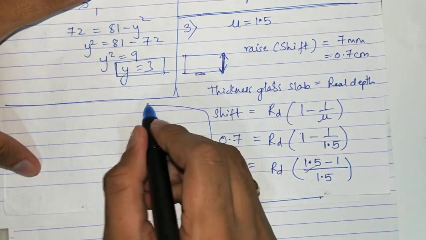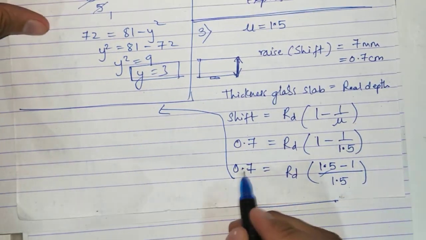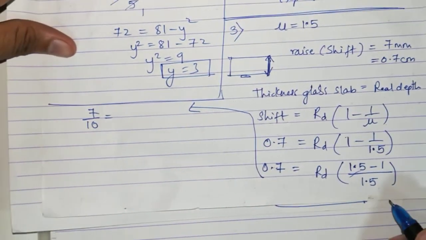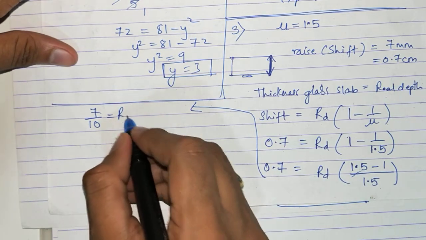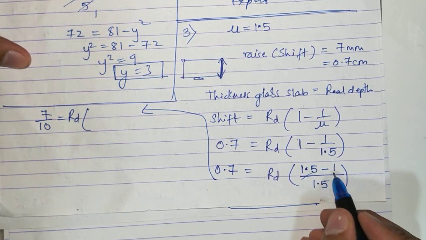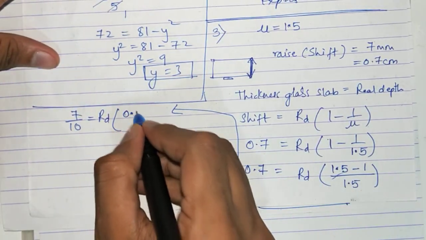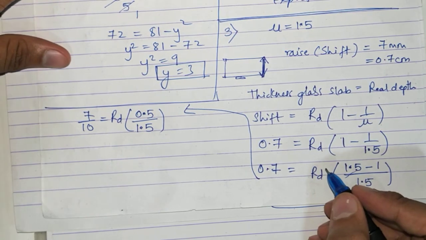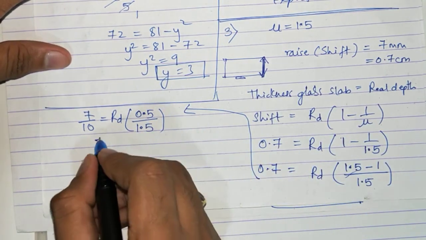I solve it here. सो 0.7 को लिख सकते हैं 7/10 equals 1.5 minus 1. 1.5 minus 1 is 0.5 upon 1.5.